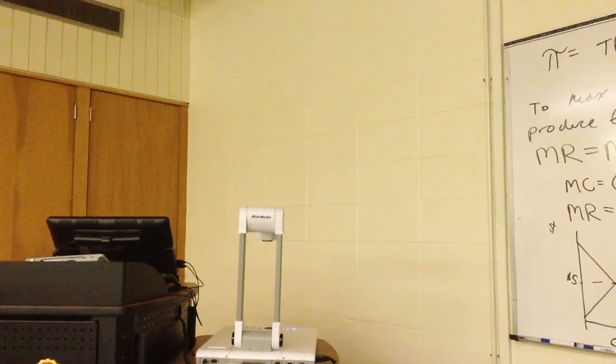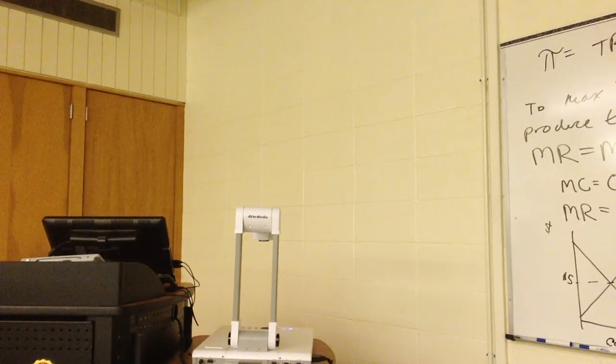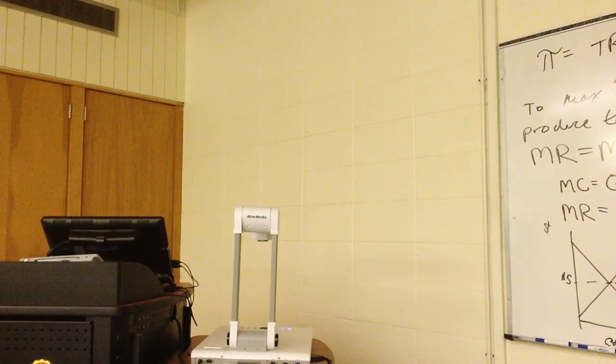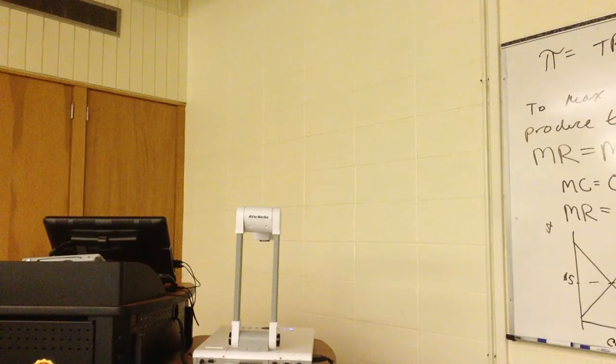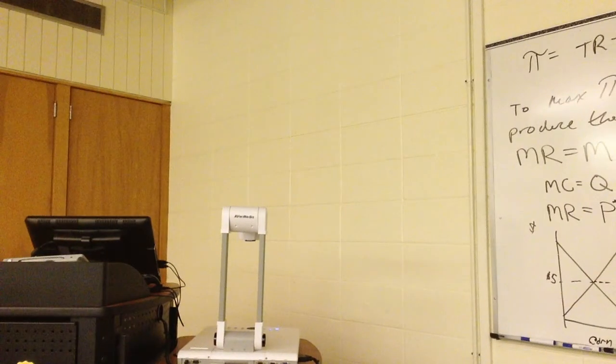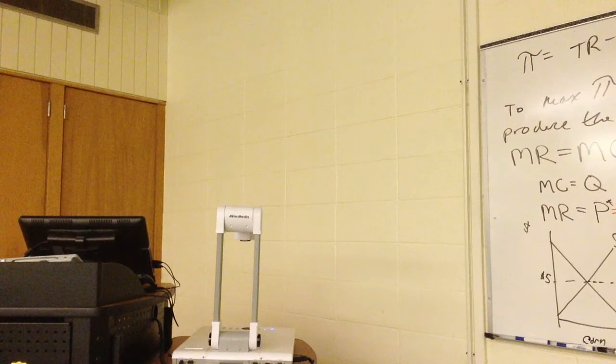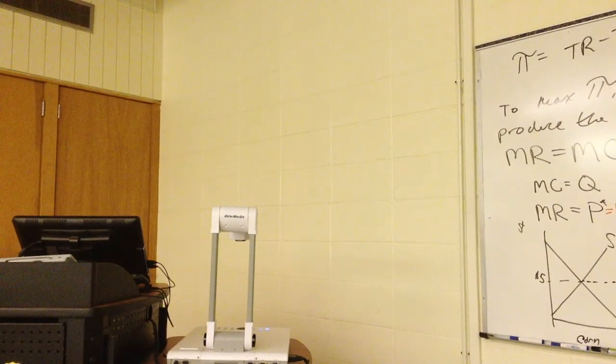No, I jumped to B already, so yeah. So set it up. Marginal revenue. Go ahead and write that all out though for part A. So marginal revenue equals marginal cost means that marginal cost was given to us.